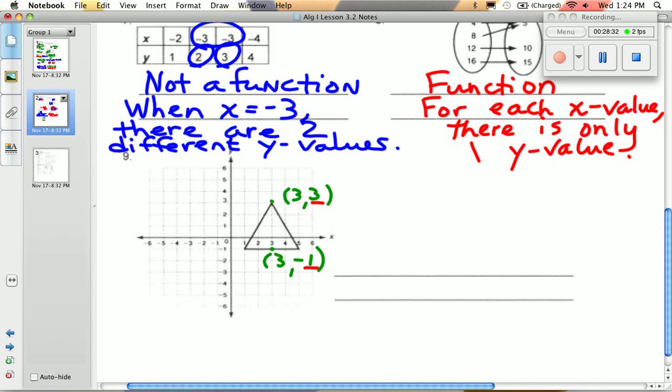In fact, I bet there's a whole bunch of times on this I can make that happen, can I? Could I go over here and say, okay, I want this one and this one. Are there two different y values for the same x value? Yeah. I could come over here and do this one and this one. Are there two different y values for the same x value? Yeah. There's a whole bunch of places that it is. So we're going to say not a function.